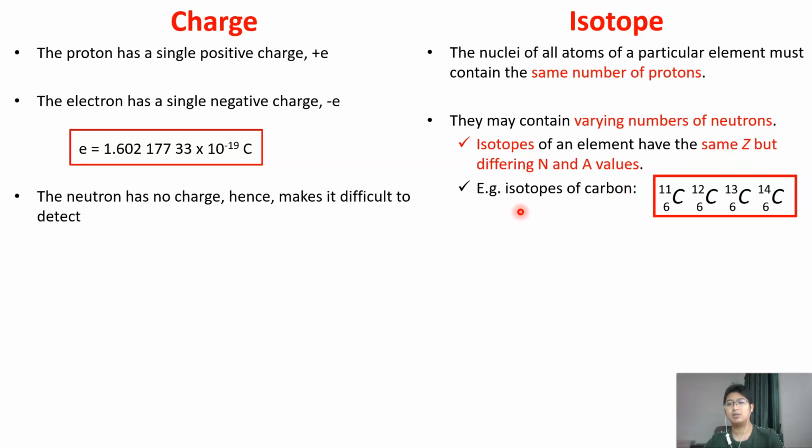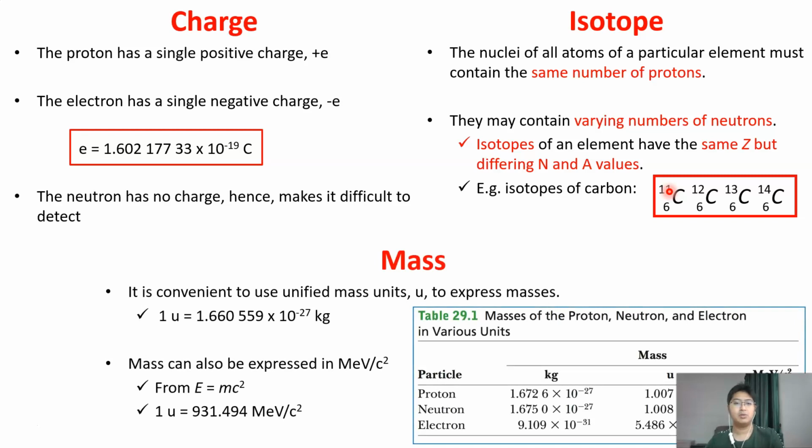For example, the isotopes of carbon: they have the same proton number but a different number of neutrons. This is carbon 12, this is carbon 13, this is carbon 14. The amount of protons in our isotopes is the same, which is 6, but the amount of neutrons will be different.